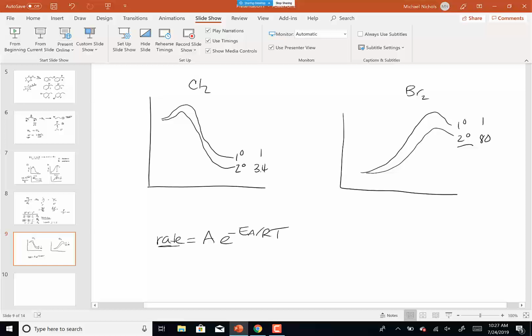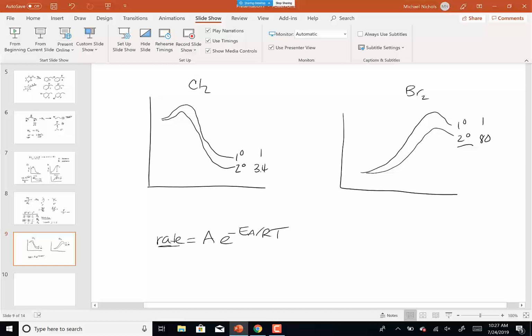So in chlorination, you form a secondary radical pretty fast. Not as fast as a primary, or a little bit faster than a primary, 3.4. Whereas in bromination, it forms a lot slower than in chlorination.